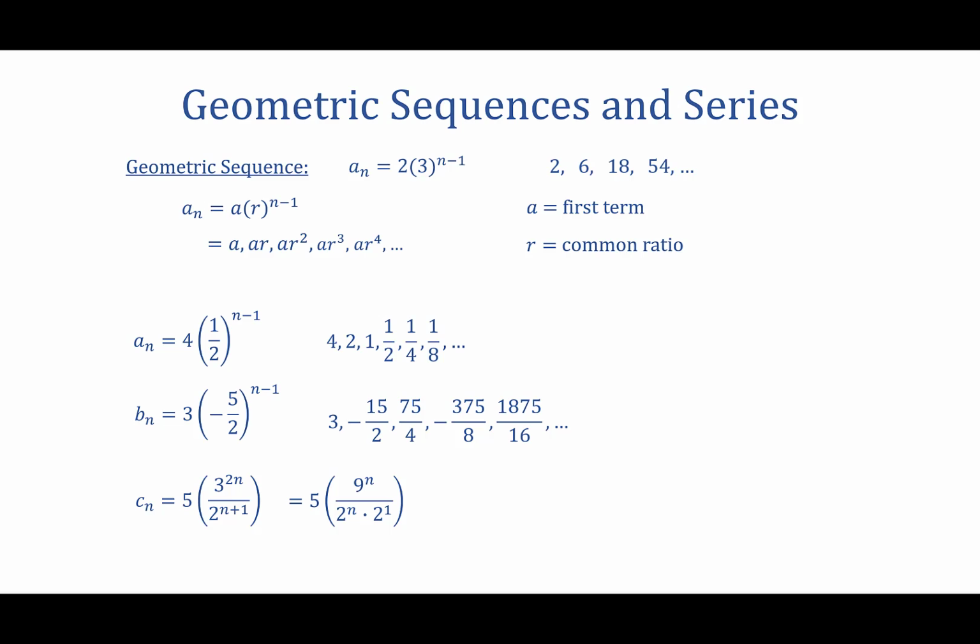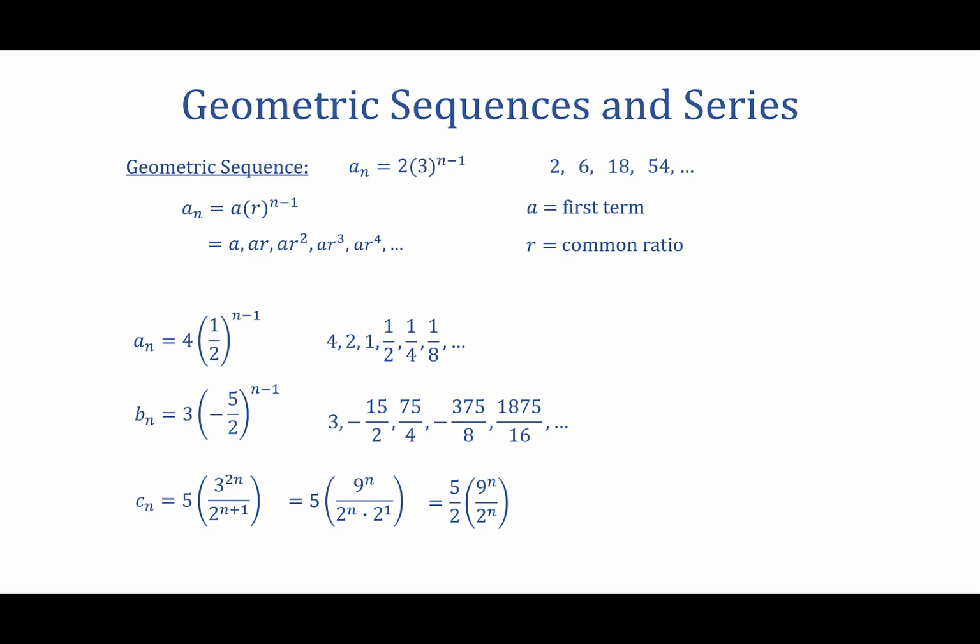We would rather have n minus 1, but we could first start off by making it n, so it's the same as the top. So 2 to the n plus 1 is 2 to the n times 2 to the 1. Now we can bring out the 2 to the 1 in front, because it doesn't have an n on it. And at this point, if you like, you can make this into n minus 1 instead of n, but we can see the ratio is 9 over 2.